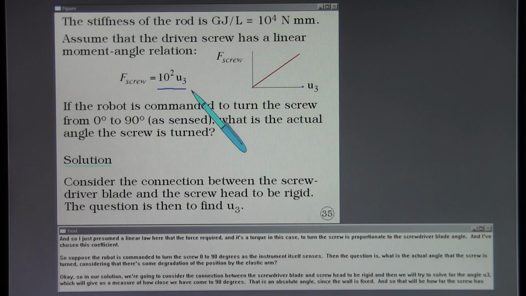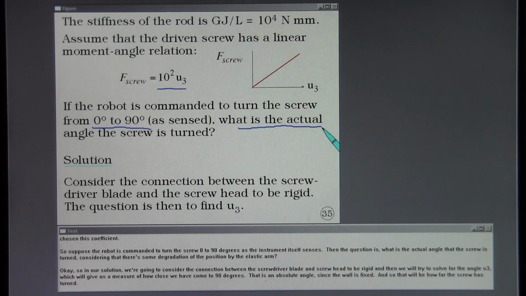So suppose the robot is commanded to turn the screw 0 to 90 degrees as the instrument itself senses. Then the question is, what is the actual angle that the screw is turned, considering that there's some degradation of the position by the elastic arm?